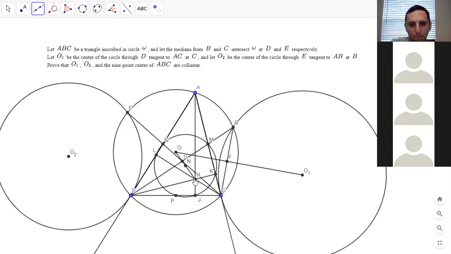So let's see. Just gonna erase that. Yeah, we want to use that tangent somehow.